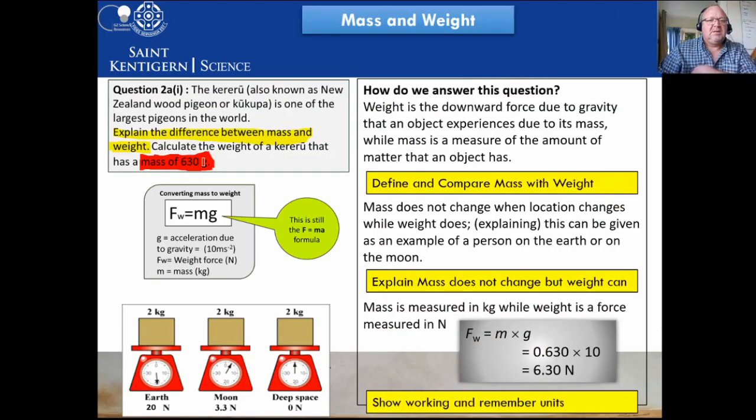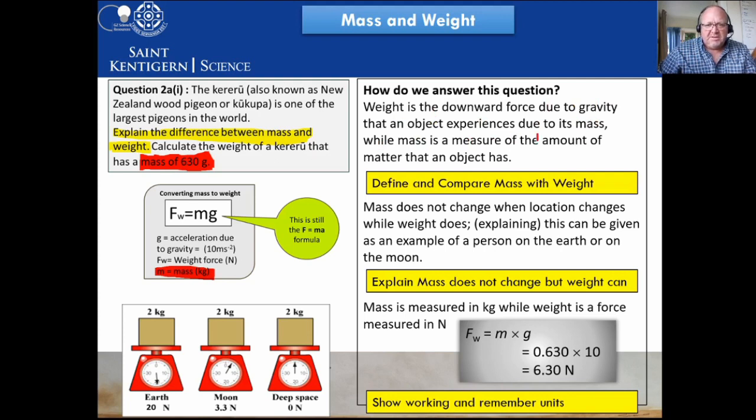And in this case, they gave us grams. So the first thing we need to do, because mass is always in kilograms, is change this 630 grams into kilograms.